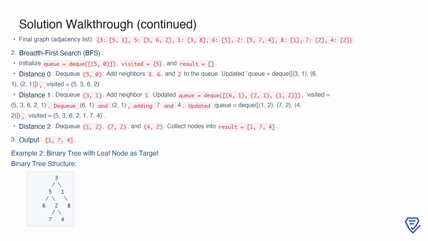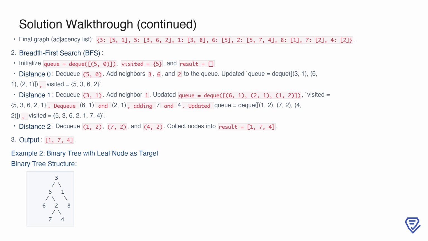At distance 0, we process node 5 and add its neighbors 3, 6, and 2 to the queue. The queue becomes (3, 1), (6, 1), (2, 1), and the visited set updates to 5, 3, 6, 2. At distance 1, we process nodes 3, 6, and 2. For node 3, we add its neighbor 1 to the queue.